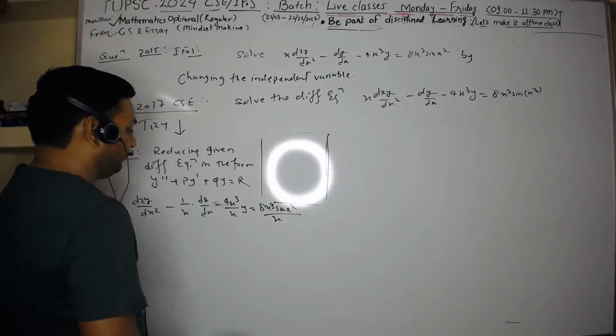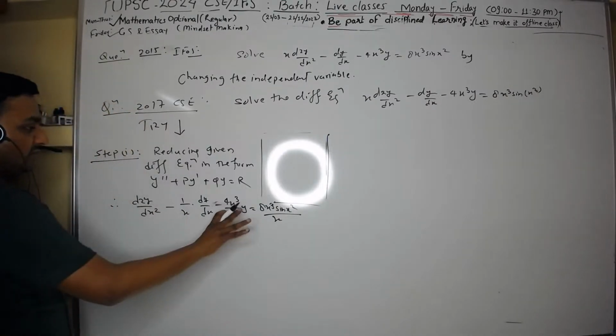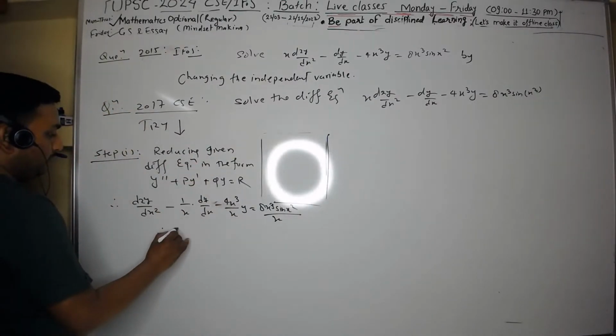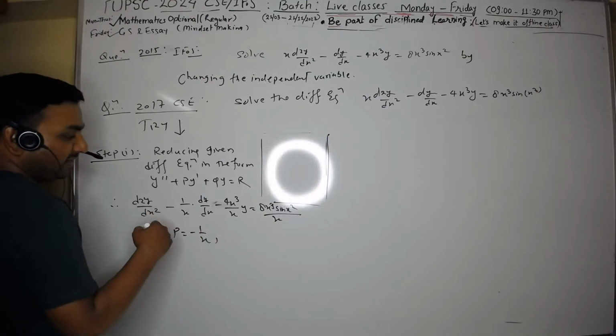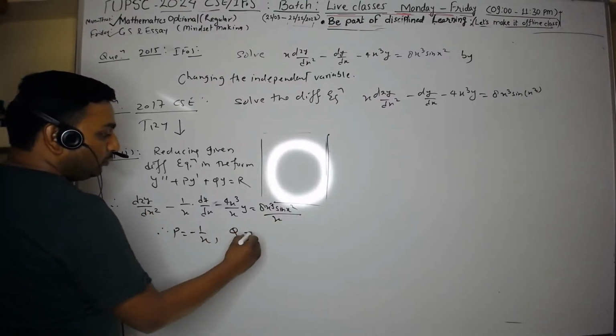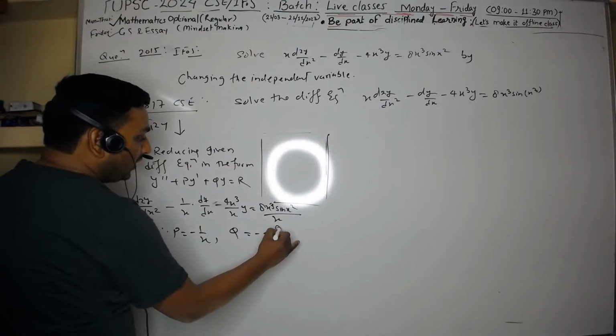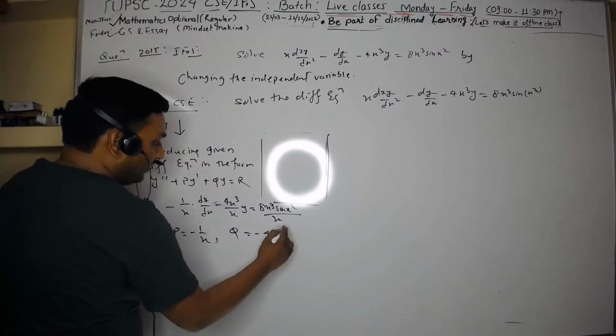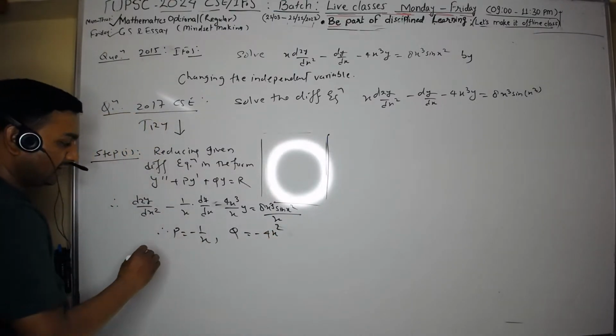Right, my dear? So now this is in that format. So P is what? Minus 1 upon x. Q is what, my dear? Minus 4x square.